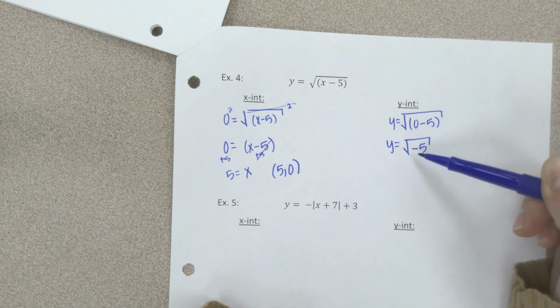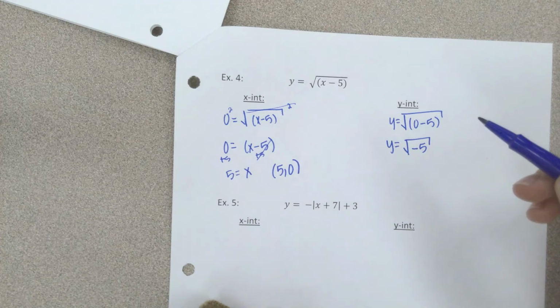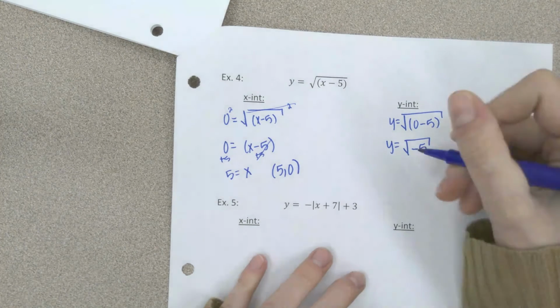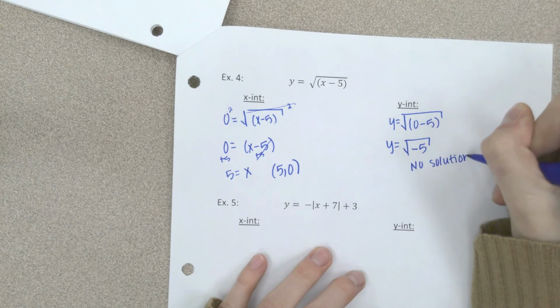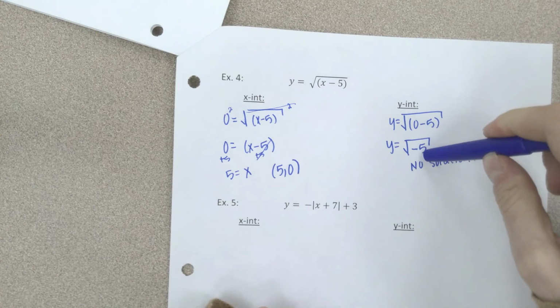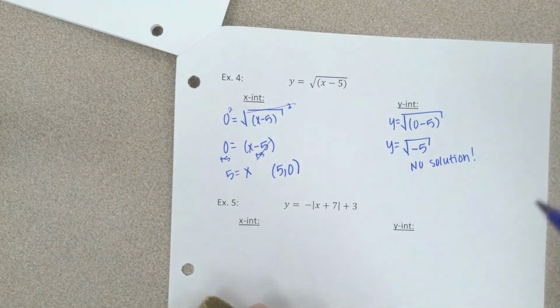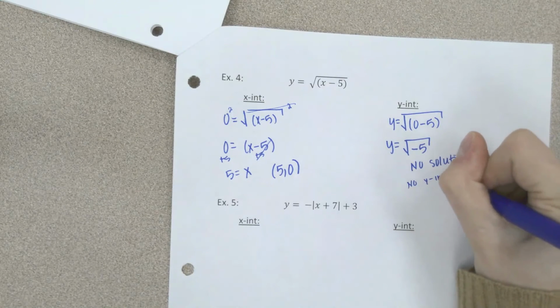We can't get rid of this square root, and it is the square root of a negative, which means there are imaginary solutions there. You don't have to worry about that. We're just going to write no solution. You cannot have a square root of a negative number. So there is no y-intercept.